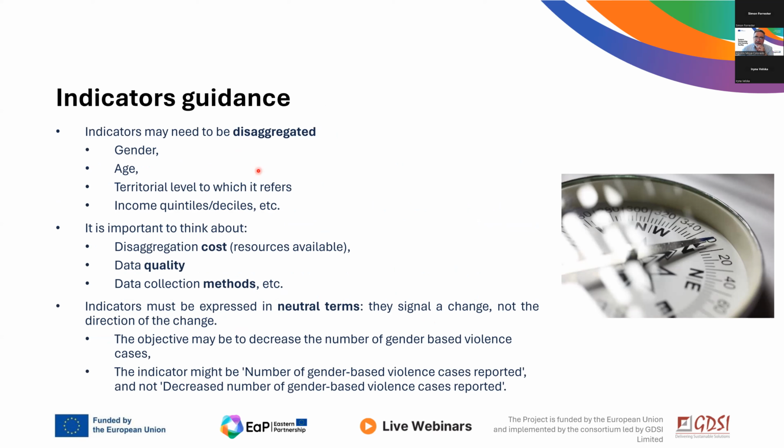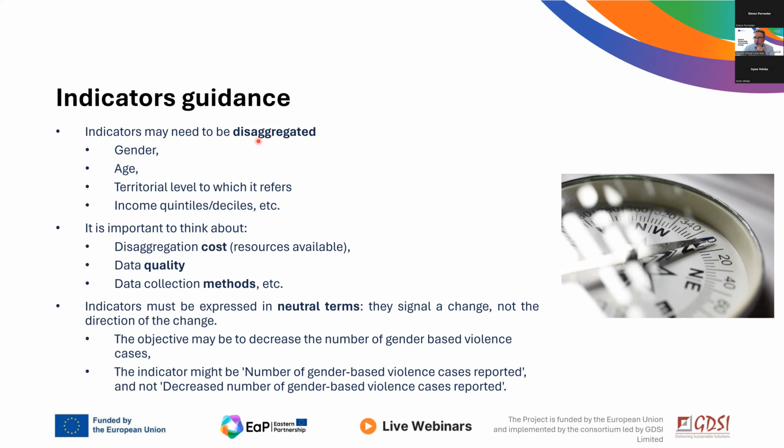So in terms of guidance, indicators may need to be disaggregated, and when you disaggregate, you make them more complicated. But of course, it's very important to have at least gender in terms of your target groups and final beneficiaries, so that you show that you know the people: gender difference, age, territorial levels, income, studies, all those elements need to be disaggregated.